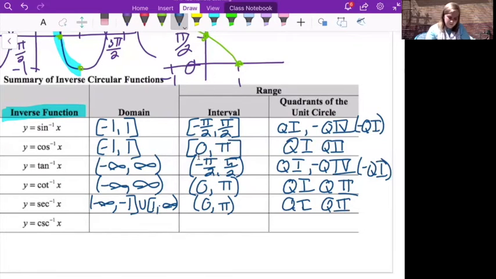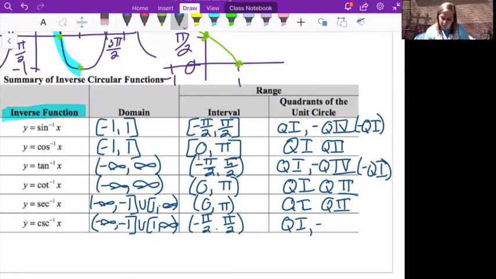And then cosecant inverse has the same domain as secant, so it could be anything between -infinity to -1, and then 1 to infinity. But because cosecant is 1 over sine, it's going to give us values between -pi/2 and pi/2. So that's quadrant 1, and then the negative of quadrant 4, which is the negative of quadrant 1.